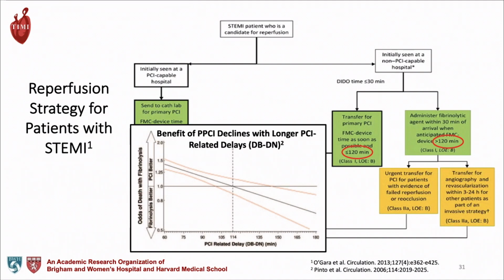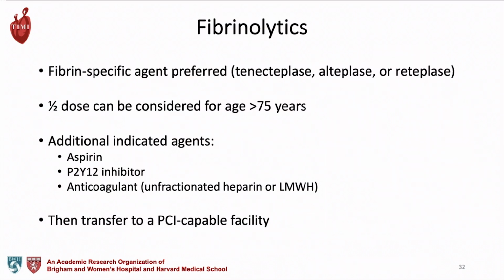It was actually 114 minutes, which was rounded up to 120 minutes. If the door to balloon time can be faster than that, then the mortality is lower with primary PCI. If it's going to take longer than that, the mortality tended to be lower with using a pharmacoinvasive approach or fibrinolytics. And that's where that comes from.